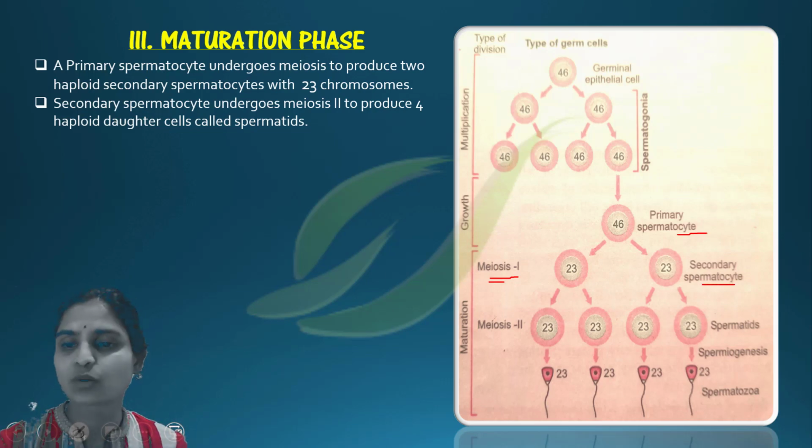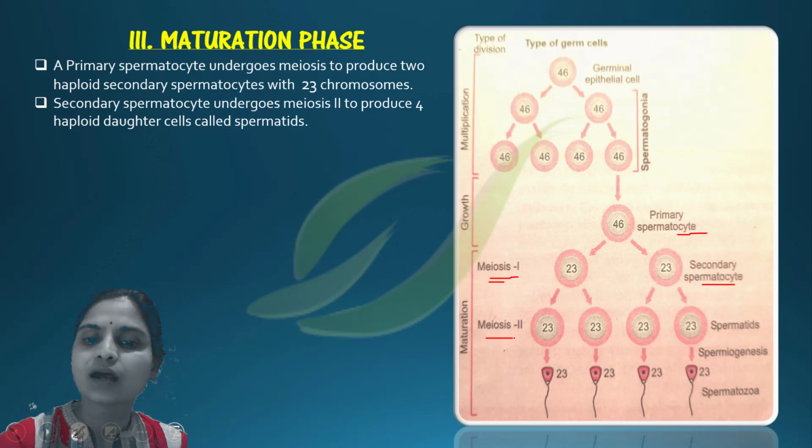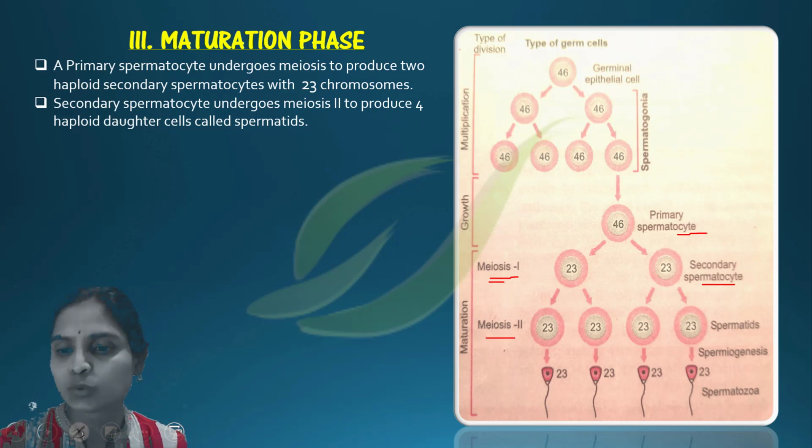Please concentrate on the chromosomal number. Because it is meiosis 1, the chromosome number has been reduced here, showing 23 chromosomes. So meiosis division is a reduction division where the number of chromosomes becomes half. Now the secondary spermatocytes will again undergo meiosis 2 to produce 4 spermatids.